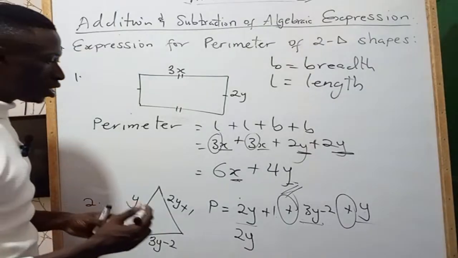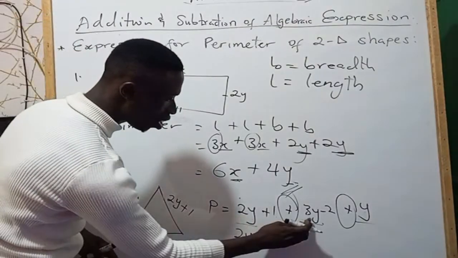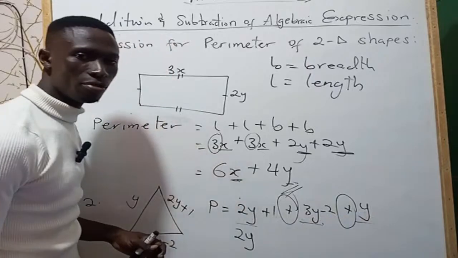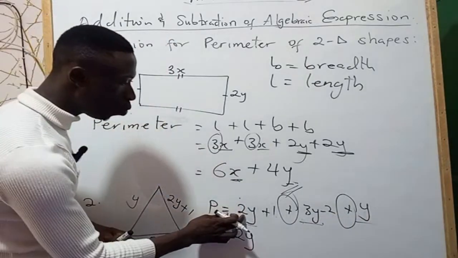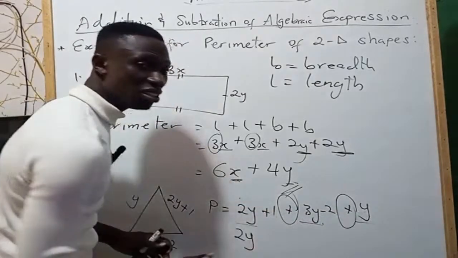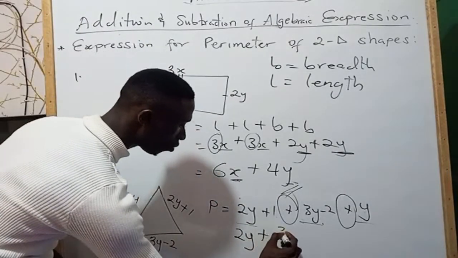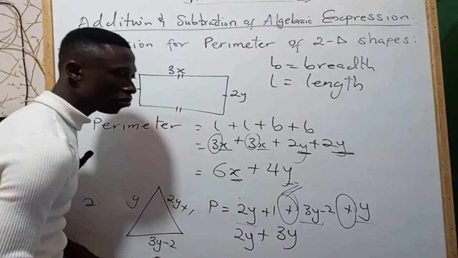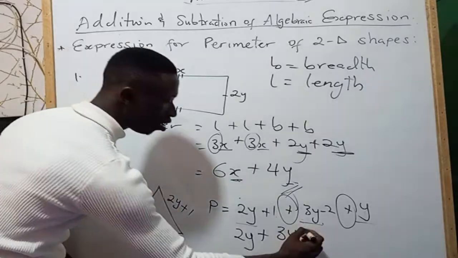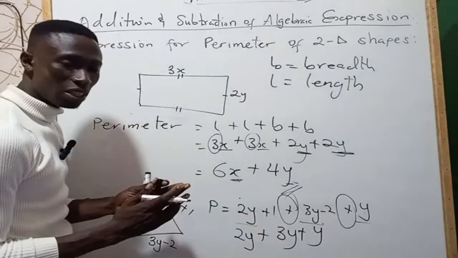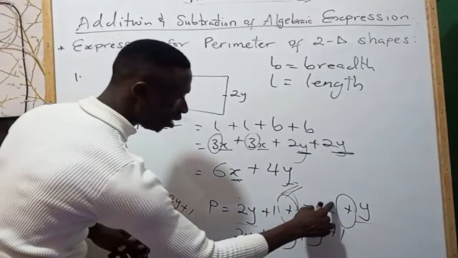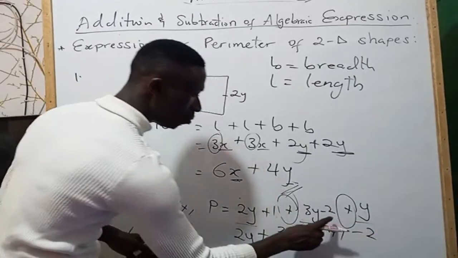Good. So here now we have y and y. We want to group like terms. 2y, 3y, and y are the same. So 2y plus 3y plus another y, and then plus 1 minus 2.